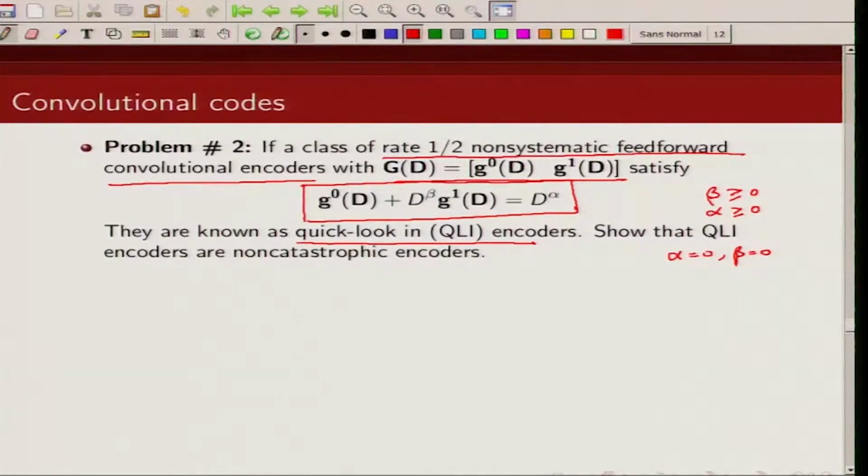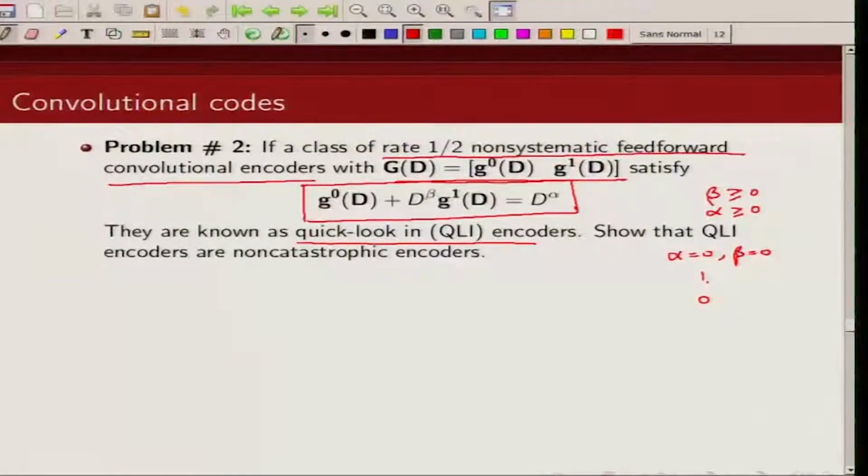Why are they called quick look in encoders? Because quickly looking at this encoder, you can easily find the encoder inverse, and essentially the encoder inverse just consists of 2 taps. So, in some sense, for a systematic encoder, the inverse is of the form 1 and 0 for a rate 1 by 2 code, and here they are of the form 1 and d beta.